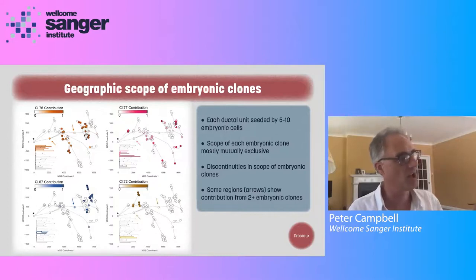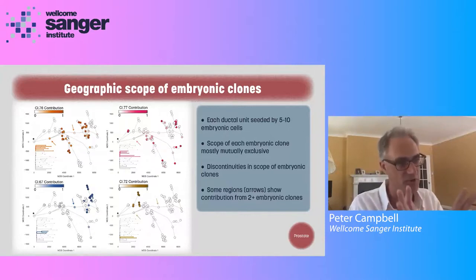You can see that we can account for pretty much all of the microdissections from about 5 to 10 of these embryonic cells. So that tells us that every ductal unit in the prostate is seeded by only 5 to 10 embryonic cells. And the scope of each of those embryonic clones is mutually exclusive.